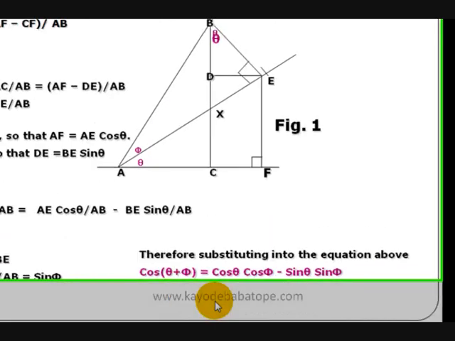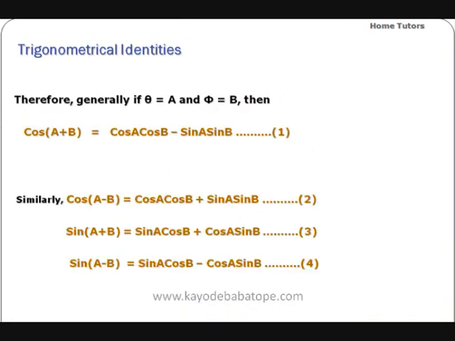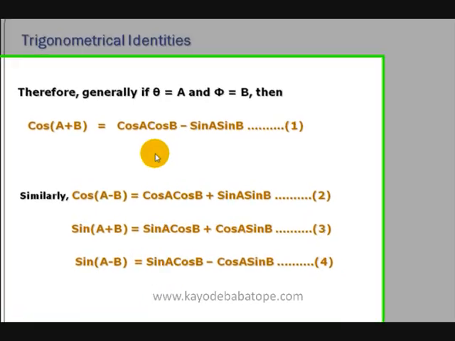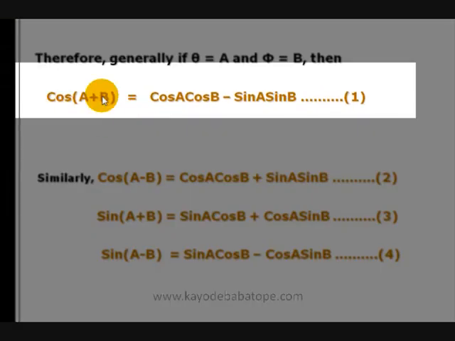But beyond the proof, you have to know the statements of the trigonometrical identities. And these are the statements of these identities. One, the cosine of a sum of angles is equal to the product of the cosines of the angles minus the product of the sines of the angles.